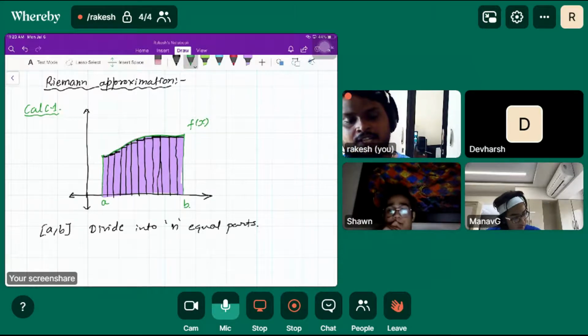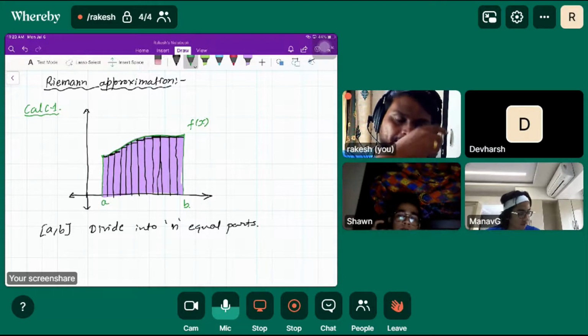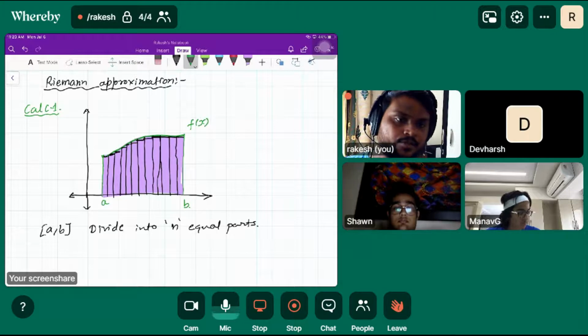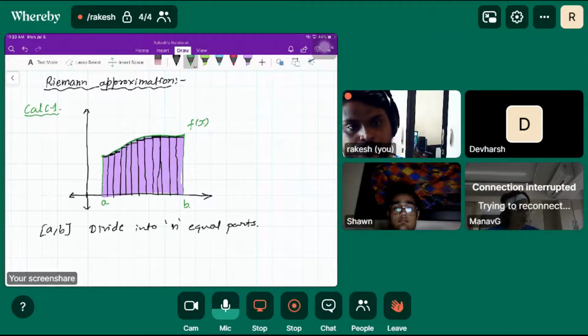To get a better approximation, we increase the number of rectangles. Like, what is the partition here?